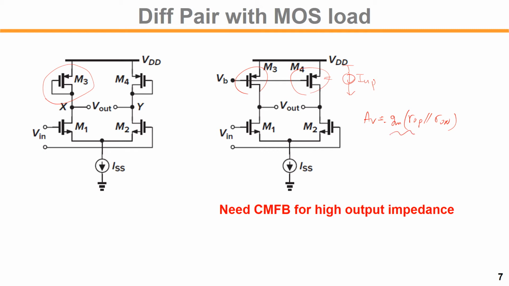The problem with this kind of amplifier is that even though we can maximize the gain we can get from a single transistor, at the bias condition, the Iup and ISS over 2 must be balanced so that the output common mode voltage is well defined.